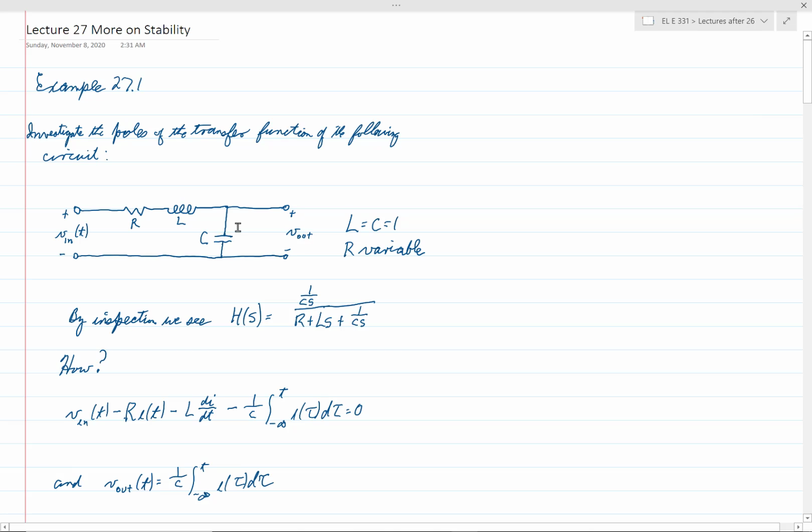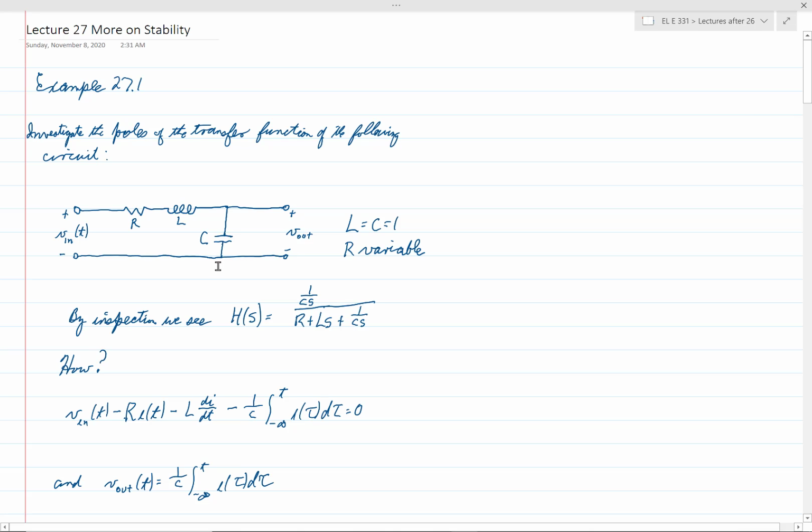If you can see that, then just by inspection the transfer function of this system is 1 over Cs, which is the impedance of the capacitor, divided by R plus Ls plus 1 over Cs, which is the impedance of all three elements added together.